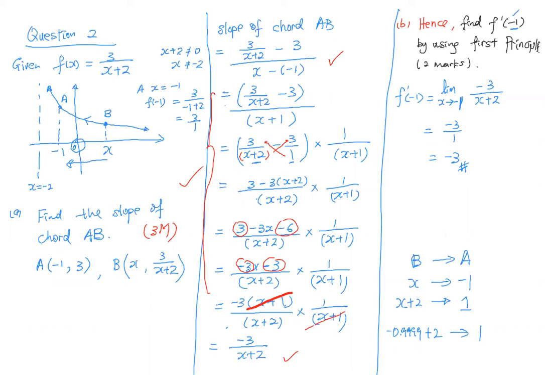So when you memorize the formula, there are two formulas, right? The first formula is f prime x. This is for the general case. This is the formula for you to find the slope function: limit h tends towards 0, f(x plus h) minus f(x) over h.